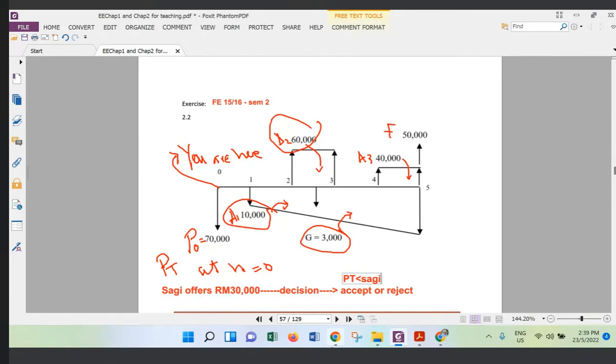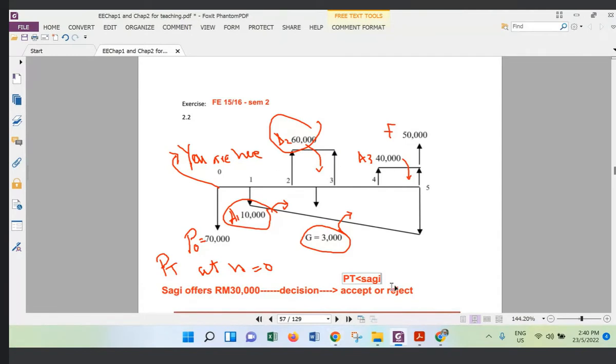Why? What does P total mean? P total means the present worth cost. Faham tak? So if P total is less than Segi's offer, you just sell your company and accept 30,000 from Segi.